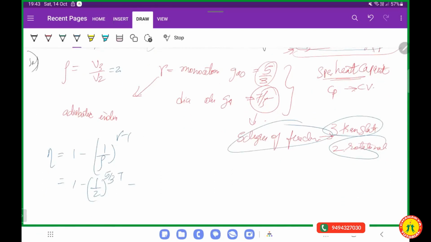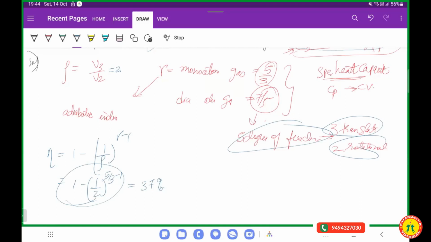How much is it? Check. Is it 37 percent, meaning 0.37? Check. The answer is given as 0.37.